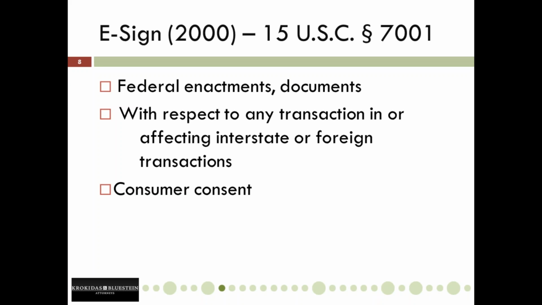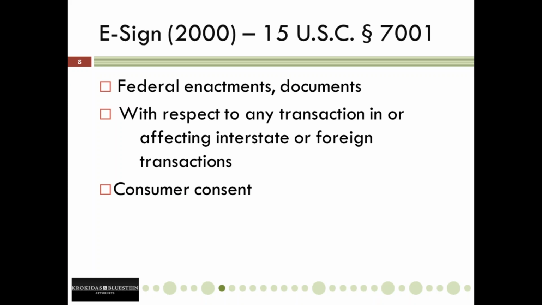Now, a key difference between eSign and Muetta deals with consumer consent. For Muetta, our state law, the standard is very permissive. Consent is determined from the context and surrounding circumstances, so very broad and vague. But under eSign, consumer consent is very rigid. If a writing is required, that writing needs to be clear.